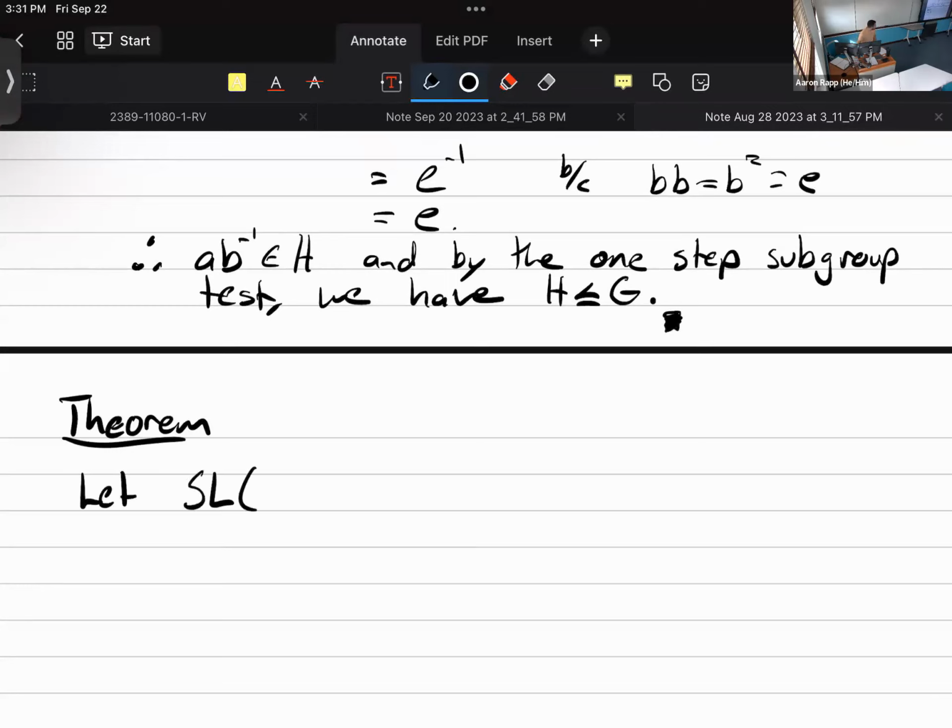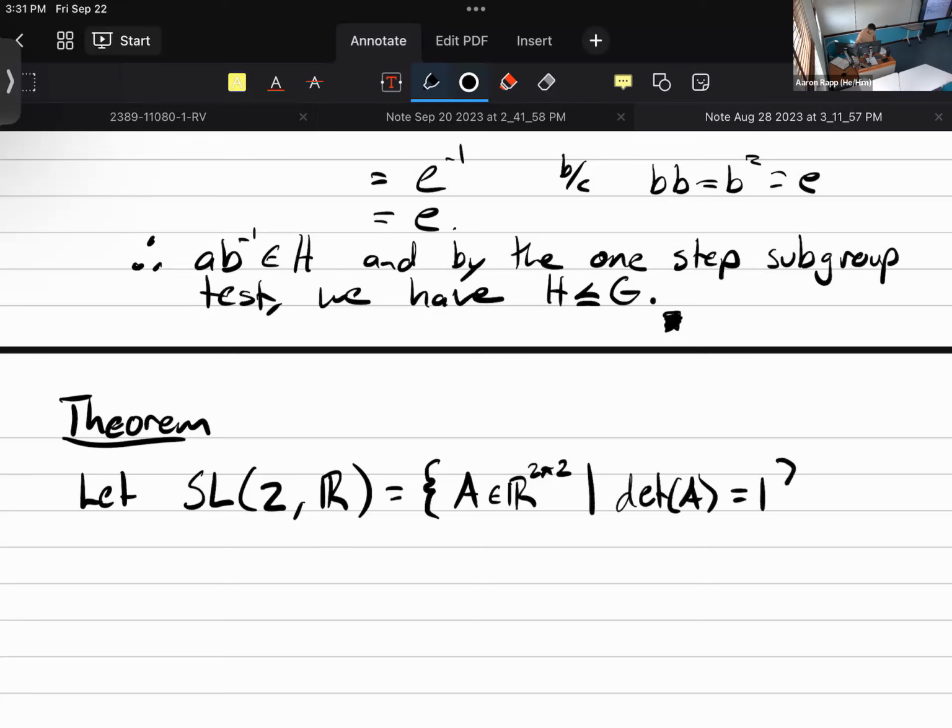We're going to consider something called the special linear group of 2 by 2 matrices over the real numbers, which is just the set of all 2 by 2 matrices such that the determinant of that matrix is 1.